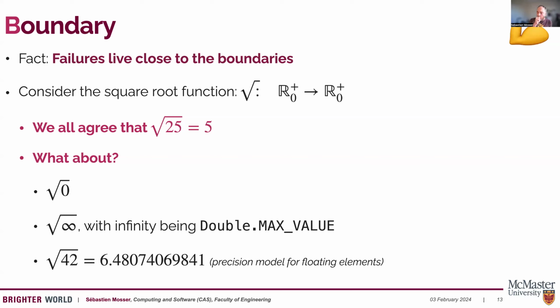And third point, sorry, 42 is the universal answer in the universe. So what is the square root of 42? Well, it's 6.4807406981. Fine. But what's our level of precision? I mean, floating numbers are pretty hard to ensure in terms of precision.